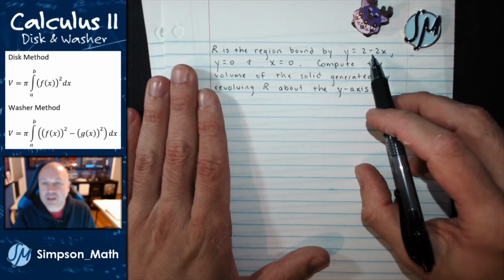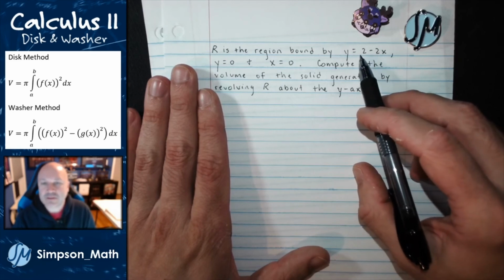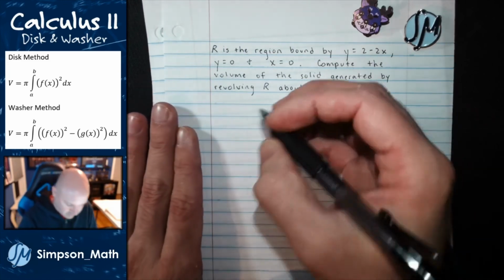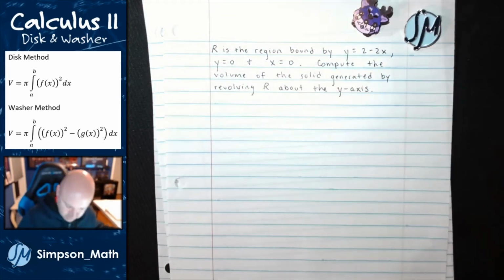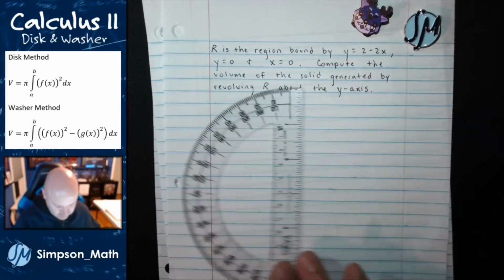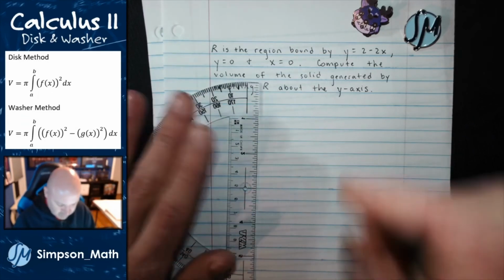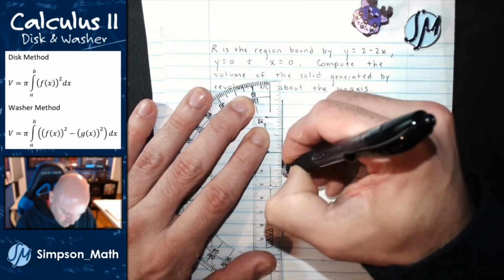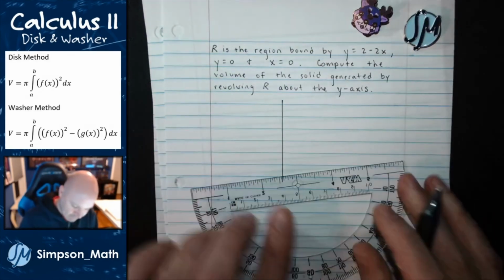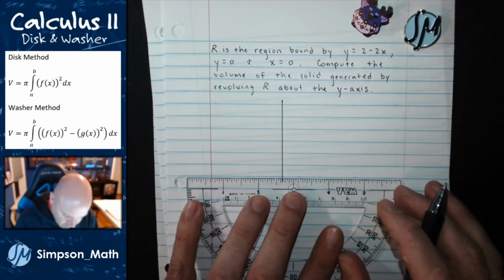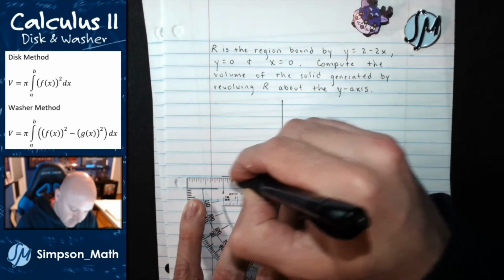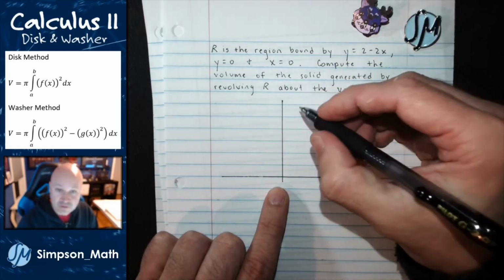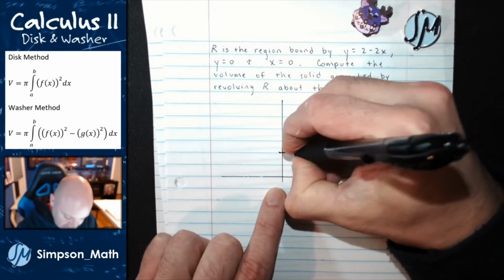This is a line, starts at 2, and it has a slope of -2. I think I'm going to zoom out on my axes if I can. That is, I'm going to let every 2 of these lines be 1.